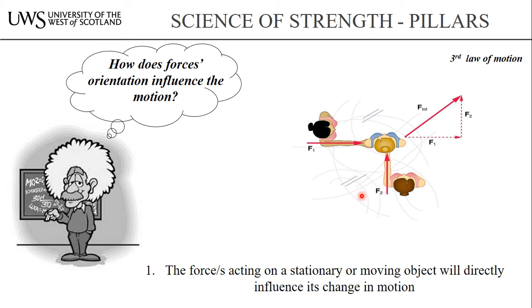The same applies for walking tasks. When we start walking, we begin to move. Actually, we push with our feet onto the ground backward in order to move our body or to accelerate our body forward. So this means that there is a specific relationship between the direction, the orientation of forces produced and the final outcome in terms of movement.